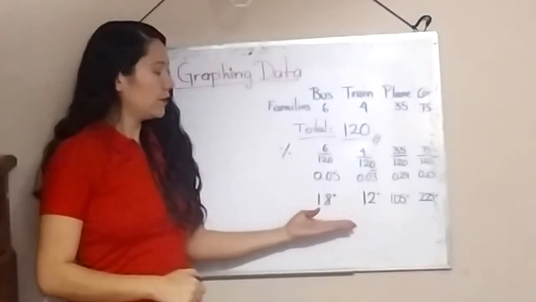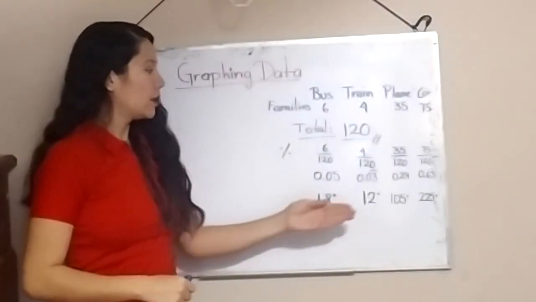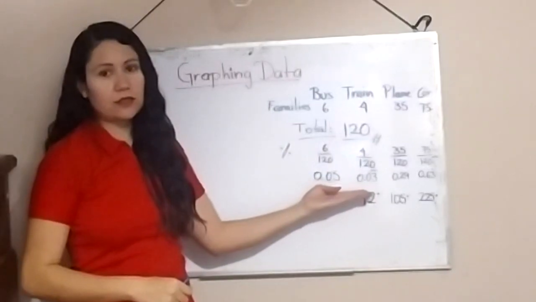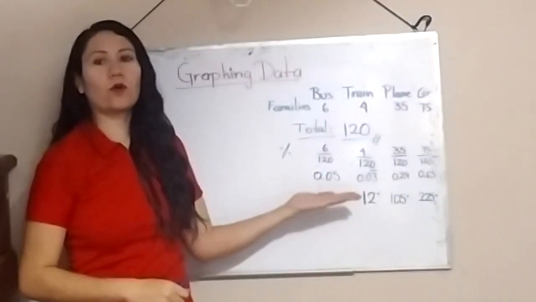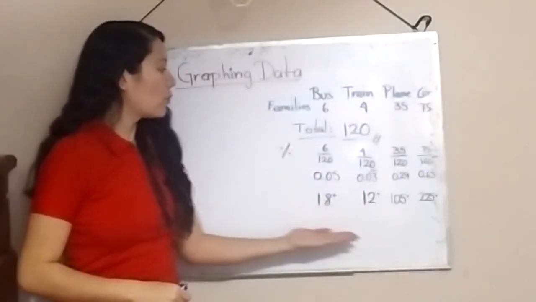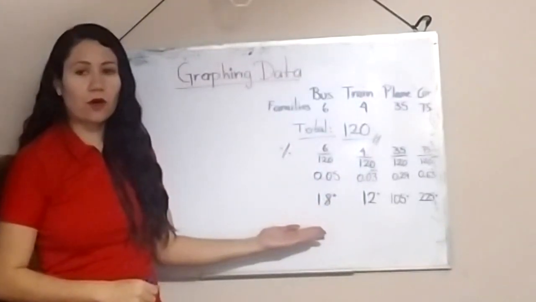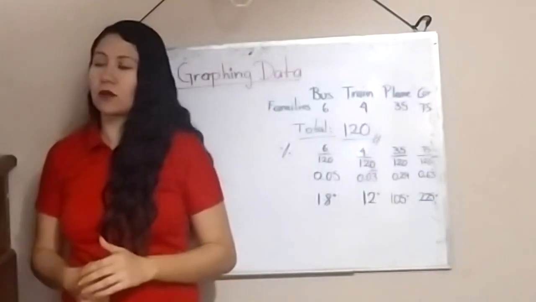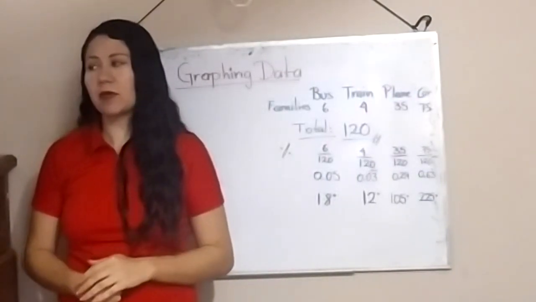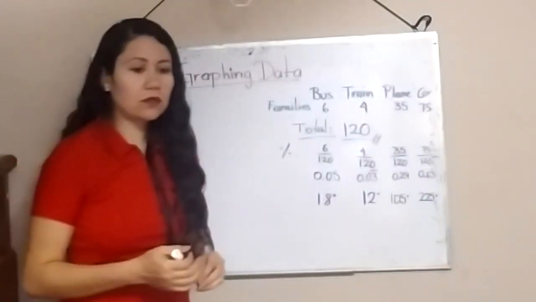And these are our degrees. The percentages should make up the total, which would be 1 or 100%, while the degrees should all add up to 360.